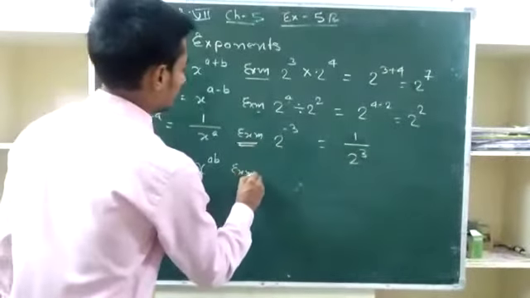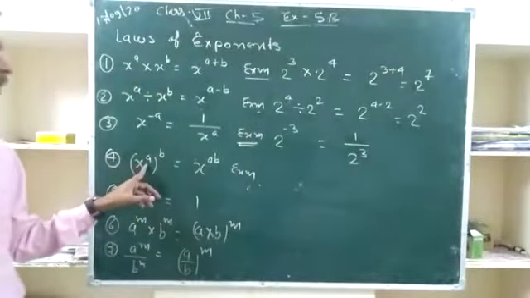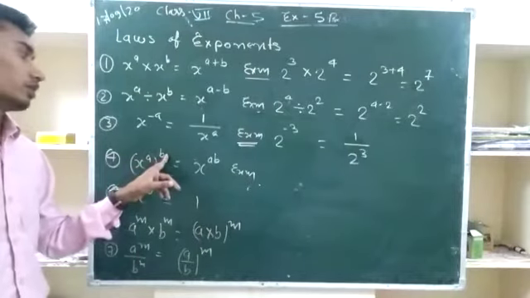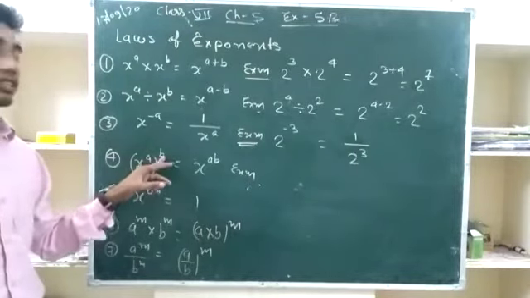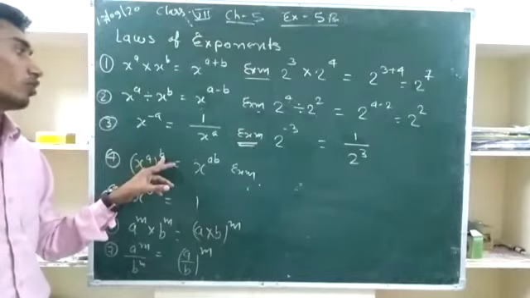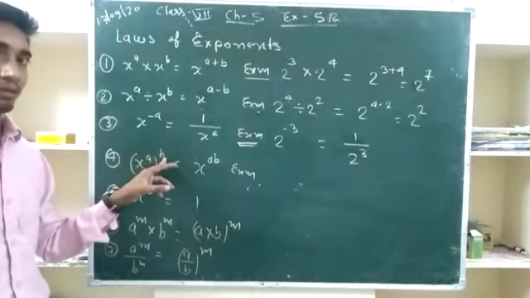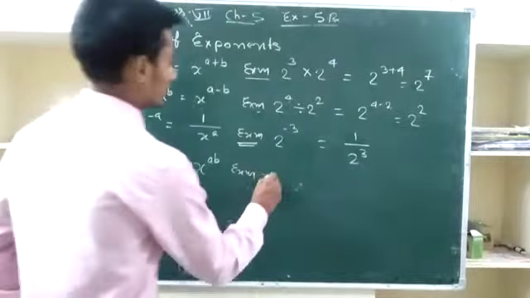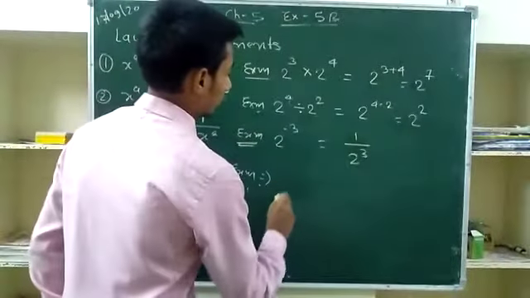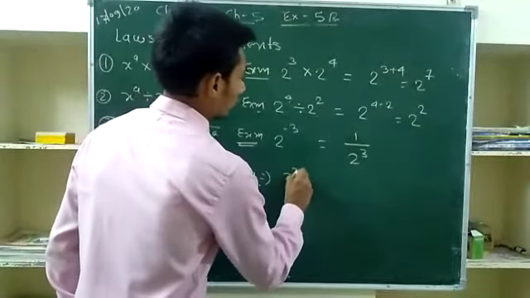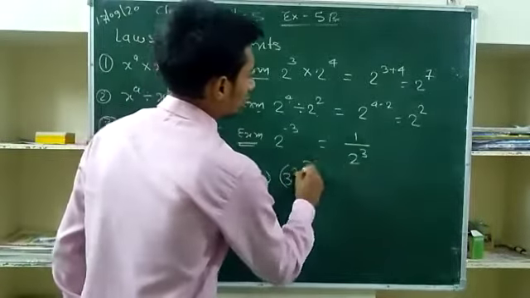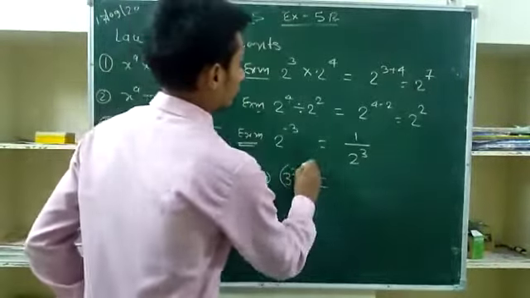Next, understand x raised to a, raised to b. If we have two powers a and b together, what will we do? We multiply the powers. How will you do this? Let's understand. The question is 3 raised to 2, and raised to 4.